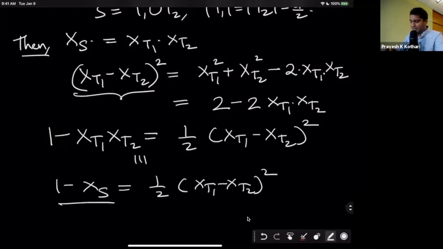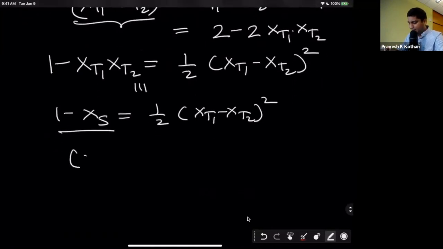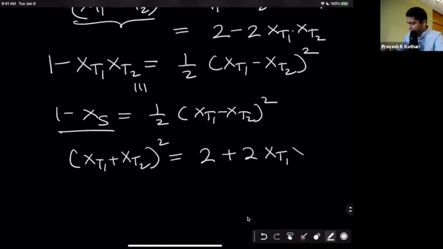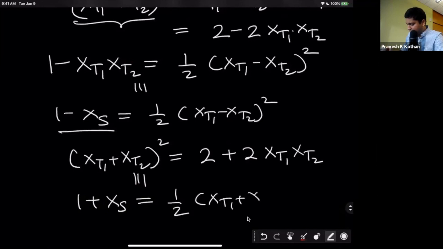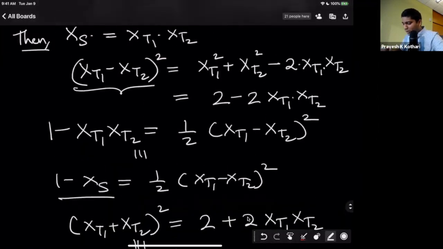Okay. The other claim is also very simple. I just work with plus instead. And by the same argument, I arrive at this expression, which when I rescale gives me 1 plus X_S equals half (X_T1 plus X_T2) squared. And that's a degree D certificate of non-negativity of 1 plus X_S.